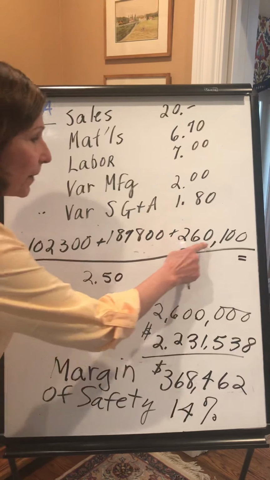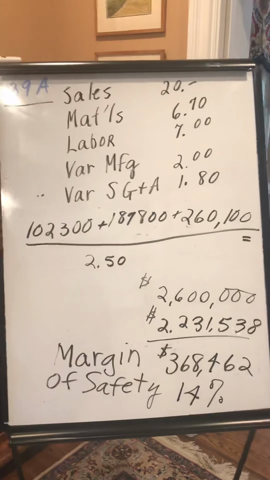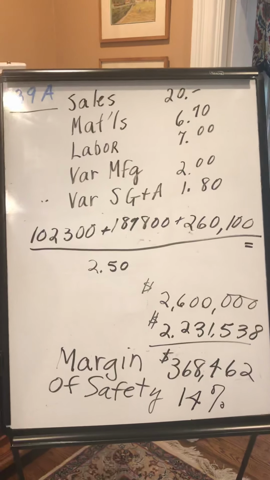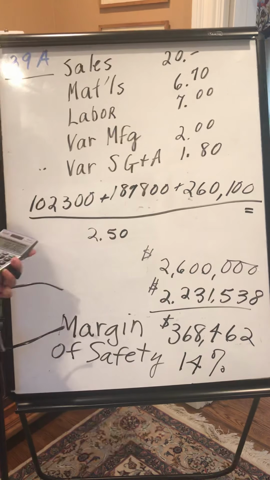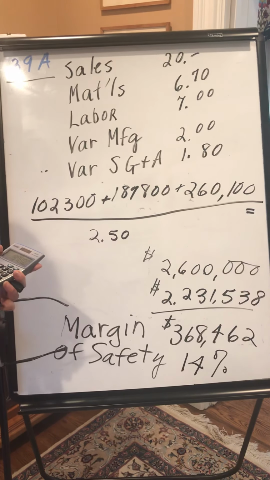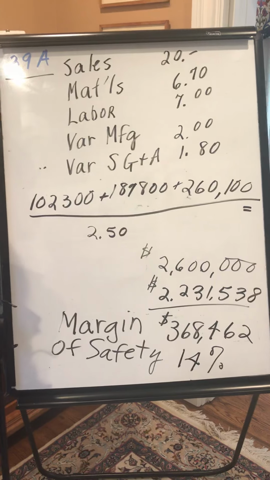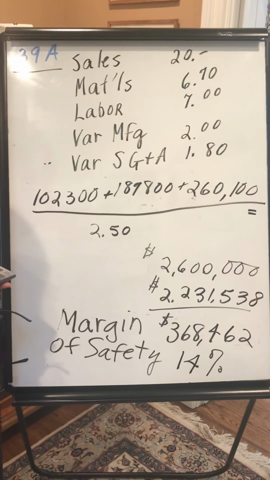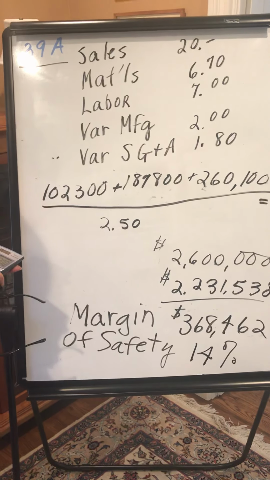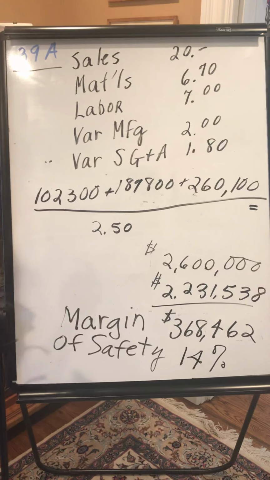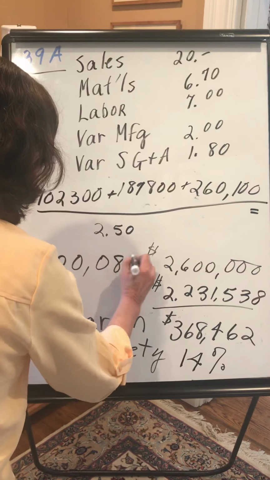And this is going to tell us how many units they need to sell in order to make a profit of $260,100. So if we add our numbers together here, 102,300 plus 187,800 plus 260,100, that's 550,200, divided by 2.5, which is 220,080 units.